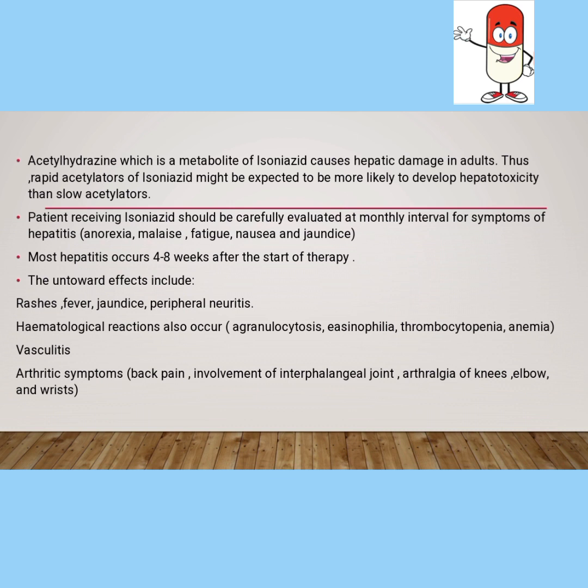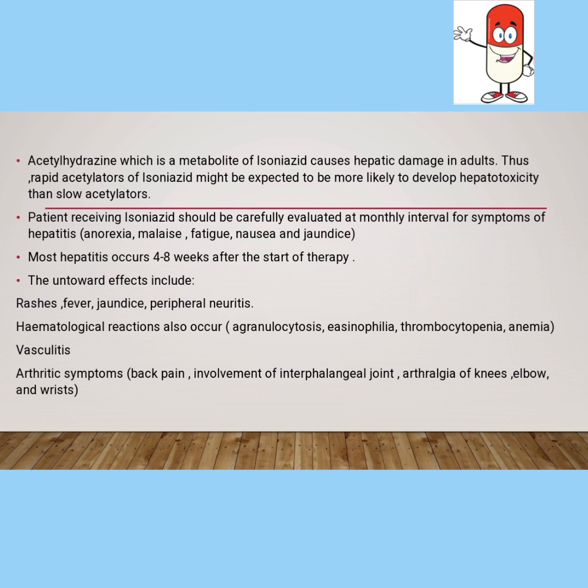Acetyl hydrazine, which is a metabolite of isoniazid, can cause hepatic damage in adults. So rapid acetylators have a higher risk of getting hepatotoxicity. As we discussed, slow acetylators have a higher risk of neurotoxicity, and rapid acetylators have a higher risk of hepatotoxicity.